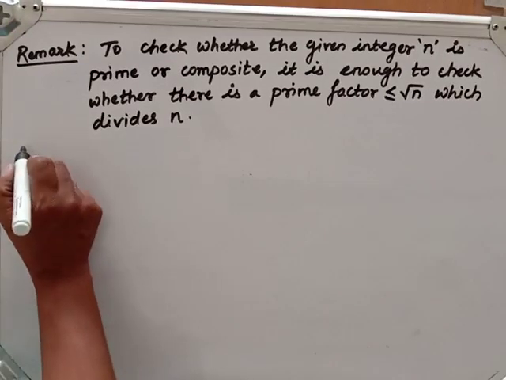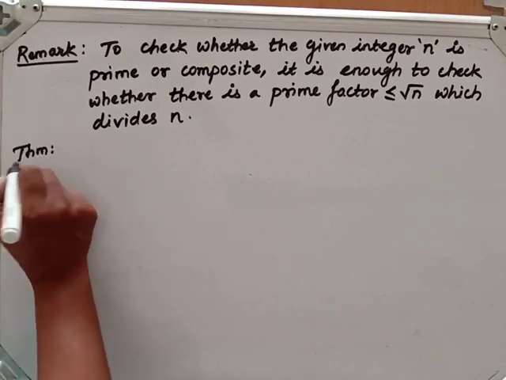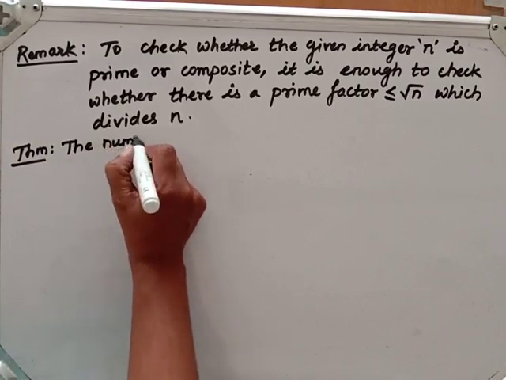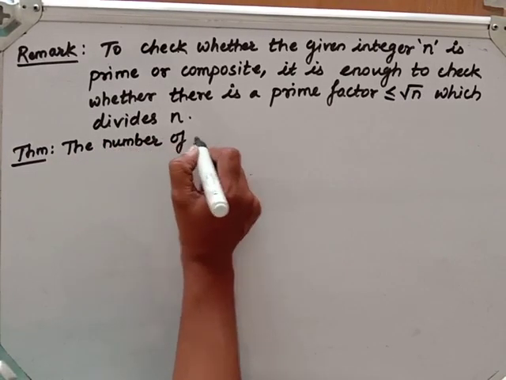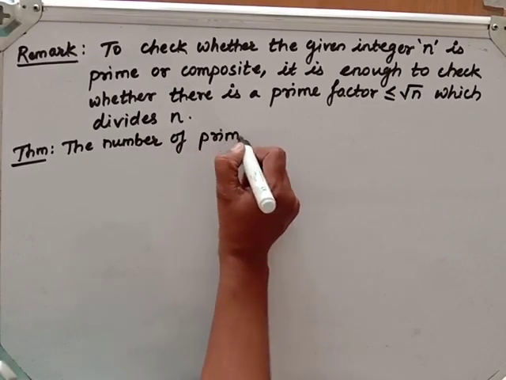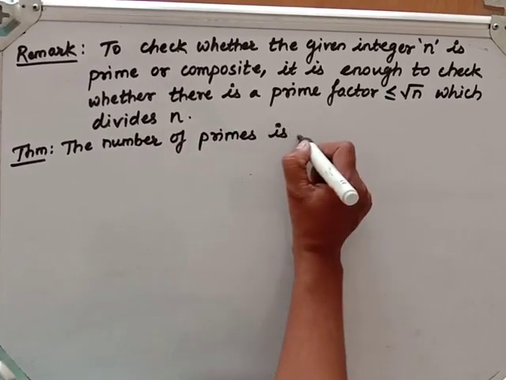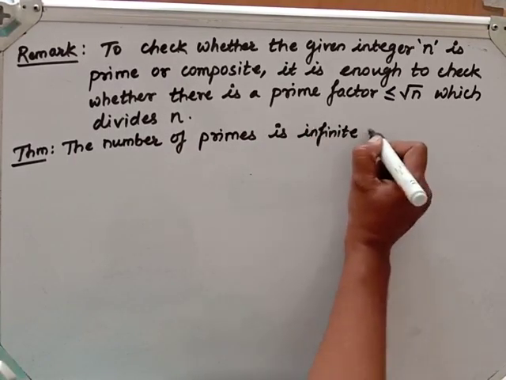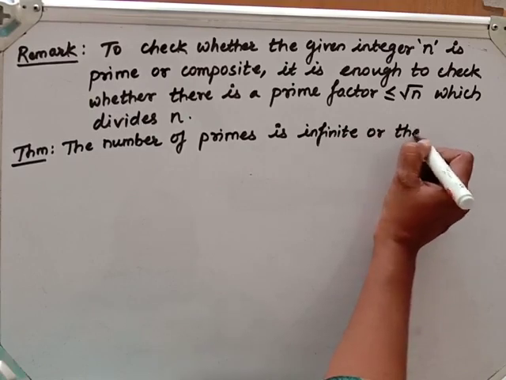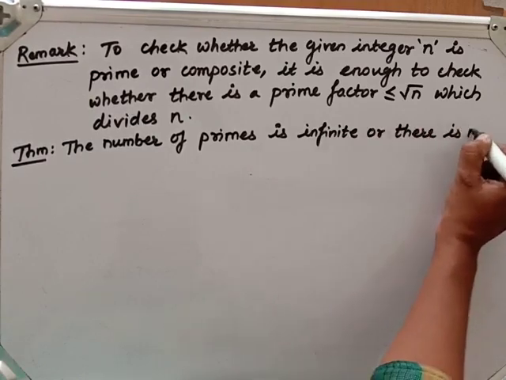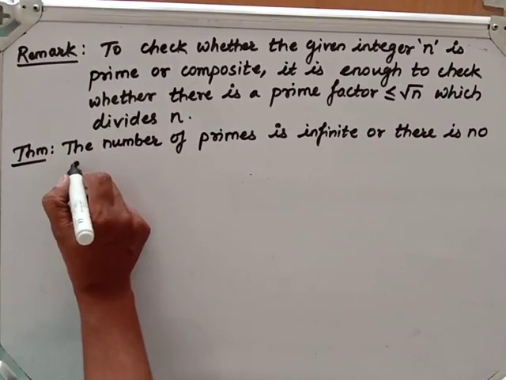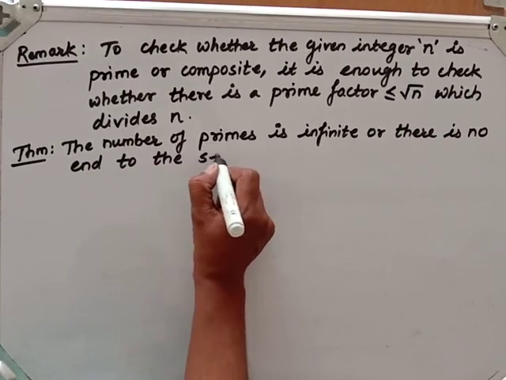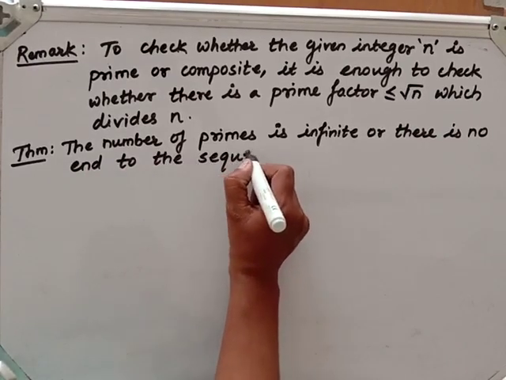Now let us see the theorem. The number of primes is infinite, or we can say there is no end to the sequence of primes.